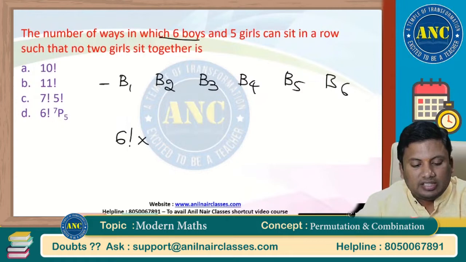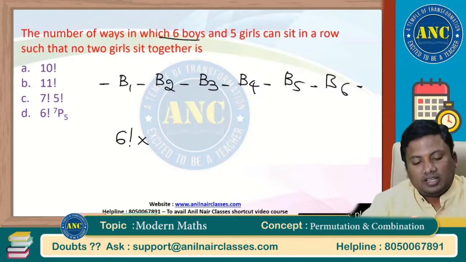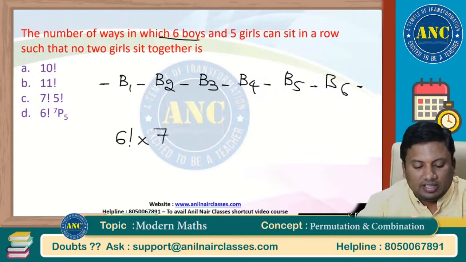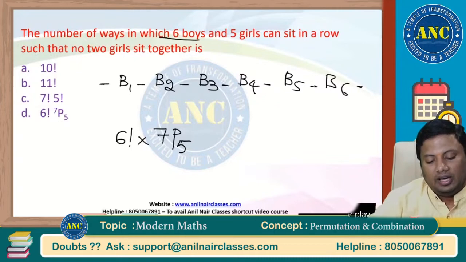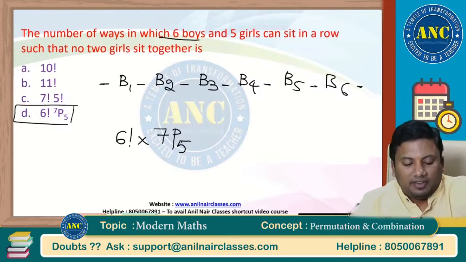They should not sit together, that means there are some spaces. How many spaces are there? 1, 2, 3, 4, 5, 6, 7. 7 spaces are there. In those 7 spaces, I can arrange 5 girls. Answer for this question is 6 factorial into 7P5.